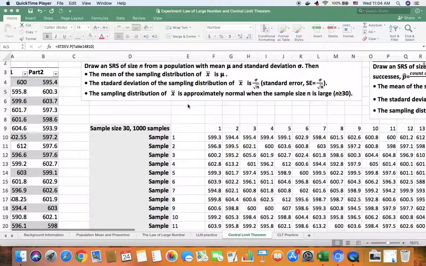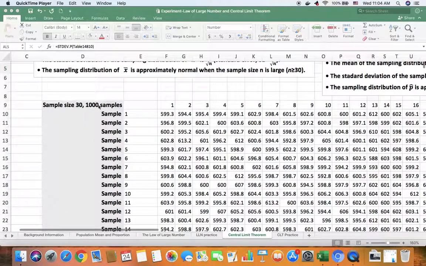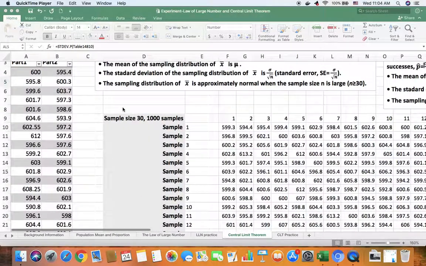The method here is we are going to get 1,000 simple random samples from the population. The sample size is the same, 30.